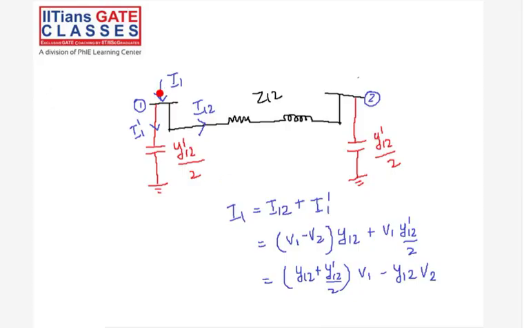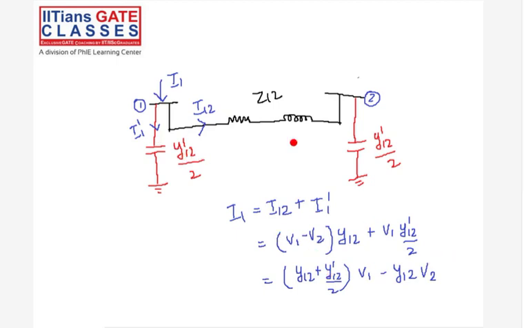So what happens now? One more current component will be there when we are considering KCL. So it will be I12 plus I1 dash, right? So when we rearrange, we see that we have to add the Y12 dash by 2 to the diagonal element, right? Basically, if there is a shunt at any node, the corresponding admittance gets added to only that node.